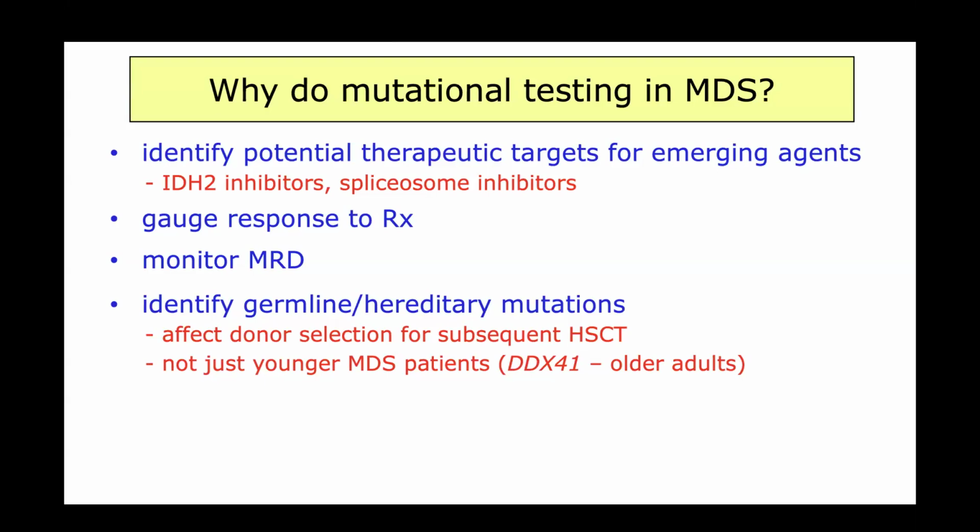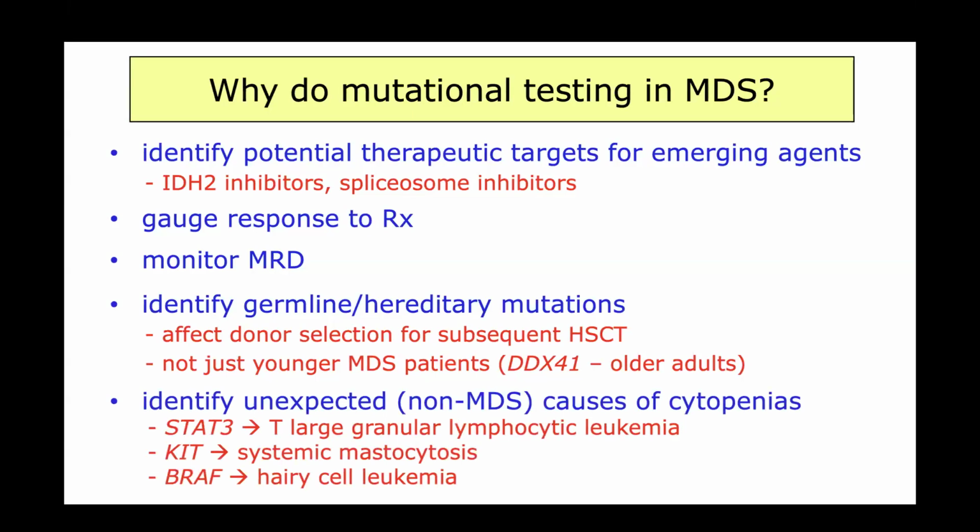And although there's a tendency to think of germline mutations primarily in the context of young patients who develop MDS or AML, that's no longer valid nowadays, in particular with DDX41 mutations, a germline mutation in which patients get MDS at the usual age in their 60s and 70s. So very interesting in that regard.